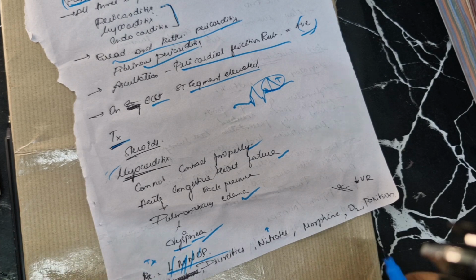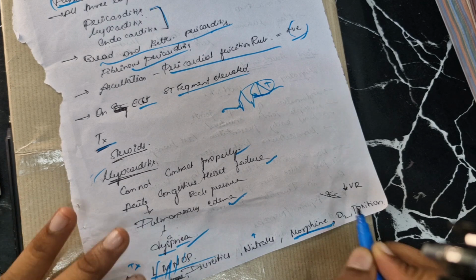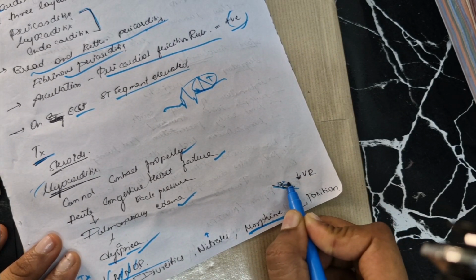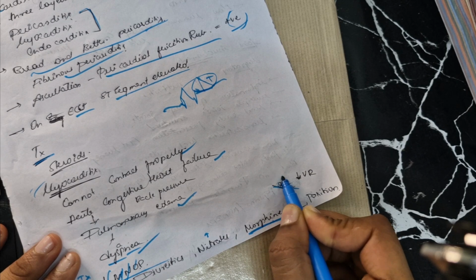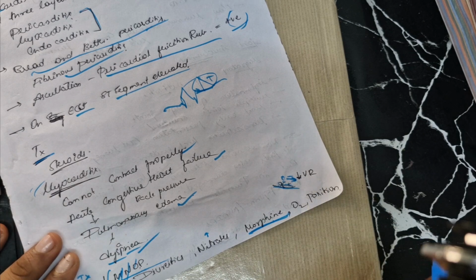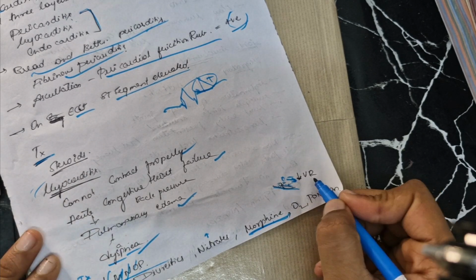Sorry, not mannitol, it's morphine. You use mannitol for intracranial edema. Then nitrates, which cause vasodilatation by releasing nitric oxide, and oxygen, because the lack of contractile power causes a deficiency of oxygen. You can give morphine for pain, and then proper position. If you ask the patient to sit slanted like this, the blood won't pool in the heart. There will be venous pooling and a decrease in venous return, so the edematous situation won't occur.